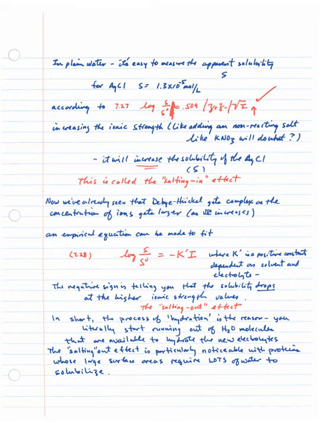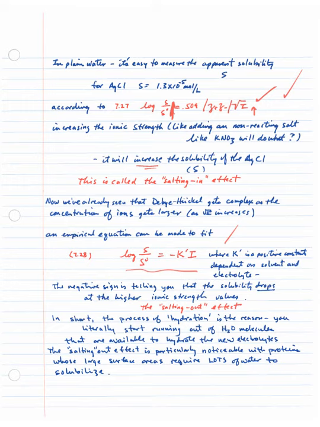You can get an empirical fit to that part of the curve by essentially deriving a new term. So instead of the part that I have above, the Debye-Huckel limiting law, you can fit the curve by including a new constant, K prime.